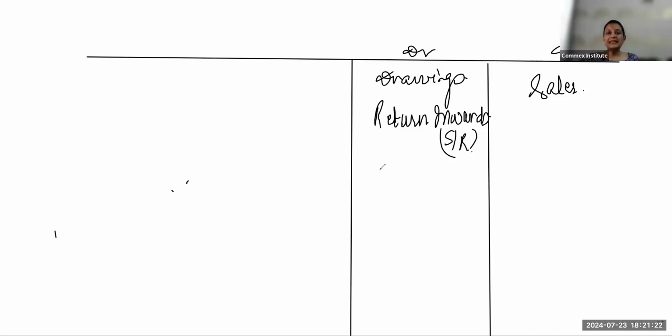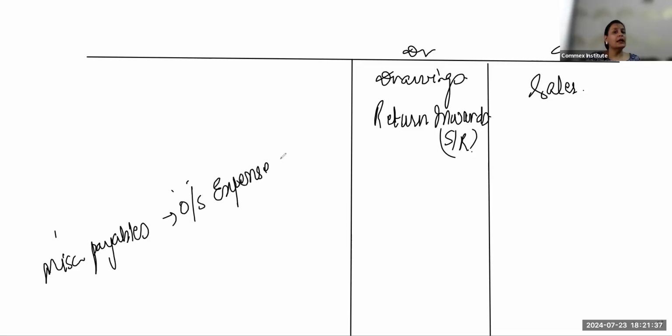Wait. Miscellaneous payables is another name for outstanding expenses, and outstanding expenses are a liability, and therefore they will be on the credit side. Okay, please make a note.